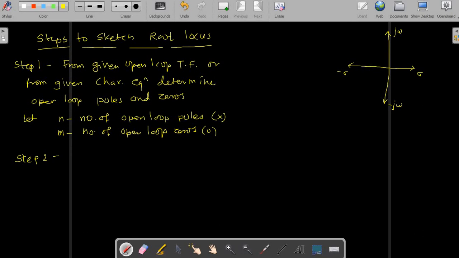So if there is a pole, I can indicate it by a cross. If there is a zero, I can indicate it by a zero. So indicate poles by cross and zeros by zero.